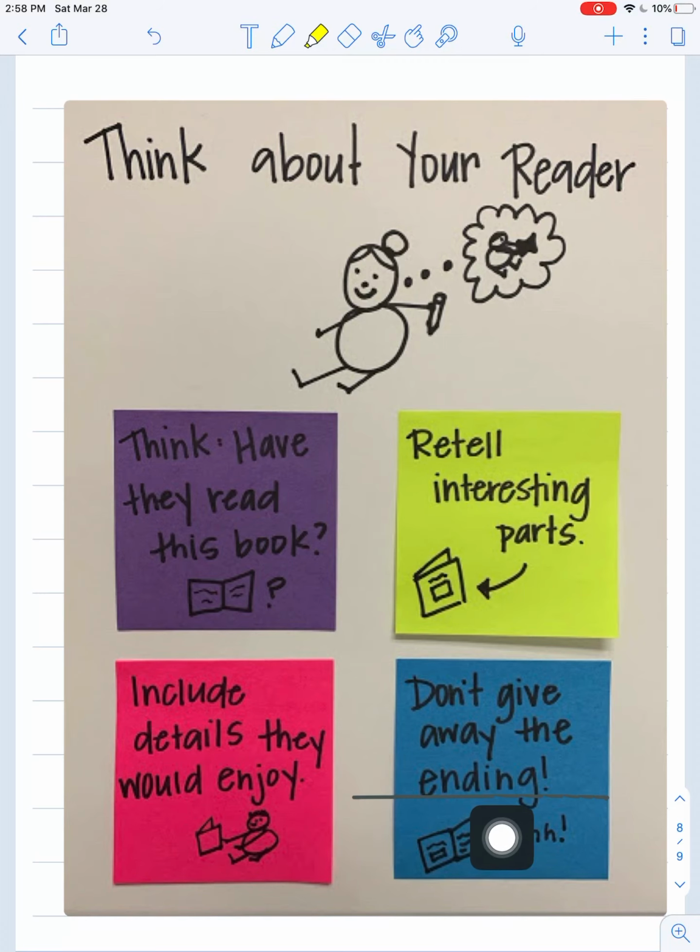And if they haven't read the book, you don't want to give away the ending. Okay? Make sure that you include also in the introduction the title of the book, the author of the book, the genre, and just a short summary of the book. But keep in mind your audience when you do this the whole time.